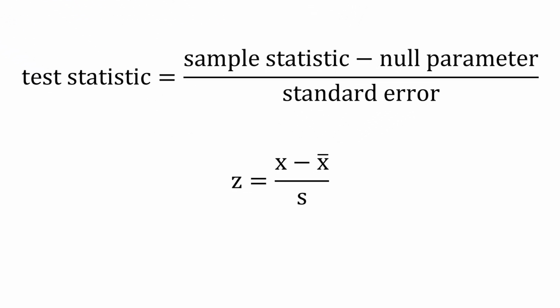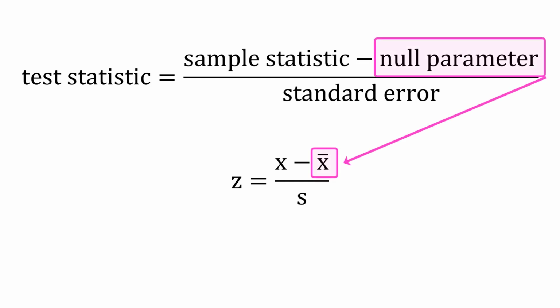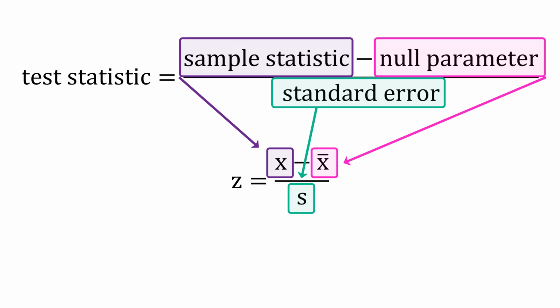In both cases, we're drawing a standard normal distribution and mapping the value onto it. Recall that on a randomization distribution, the null parameter is the mean of the distribution, and the standard error is the standard deviation of that distribution. This formula for a test statistic converts the observed sample statistic to a z-score by finding how far from the hypothesized null parameter it is in standard error units.